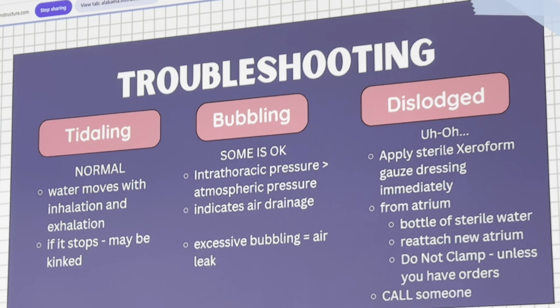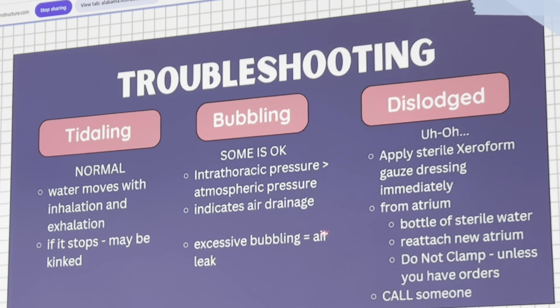All right, dislodging. We're going to apply a sterile Xeroform gauze. Everybody's seen that yellow petroleum-type gauze in clinical? That's Xeroform gauze, some type of petroleum gauze, applied to the wound itself. That's if the chest tube comes out altogether. And then I can also create a three-way tape seal.